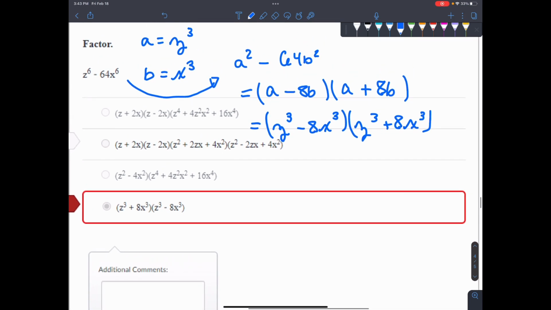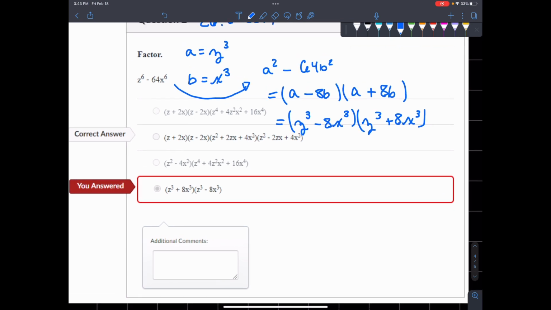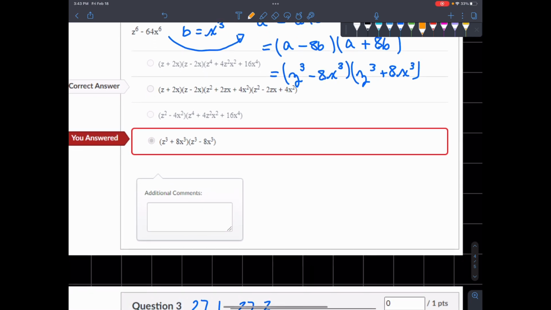And now, while it may look like we're done, there's still one more step we can do. If you remember the formulas for factoring a difference of cubes, I'll write them out here.